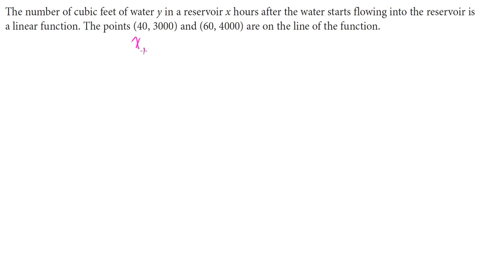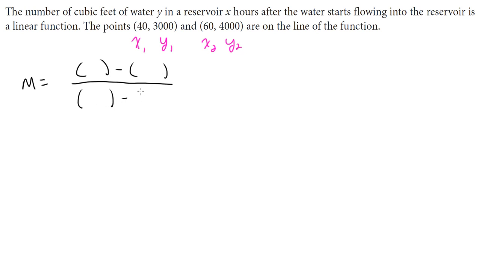So I'm going to call this point x1, y1, and I'm going to call this point x2, y2. And let's set up our formula. So m equals y2 minus y1 over x2 minus x1.